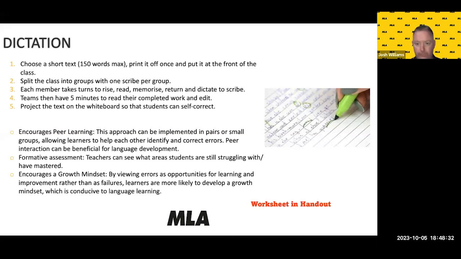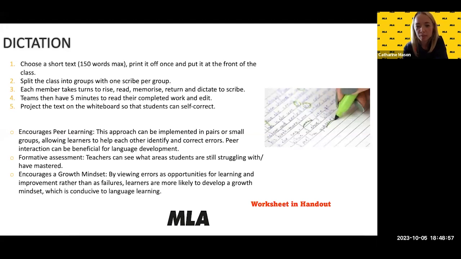So in the handout that you'll get at the end of the webinar, we have 2 dictations that you can use in your classroom. I think one of them focuses on the present perfect continuous, as in it has a lot of those structures in there, and the other one focuses on linkers. It's a text full of different linkers.